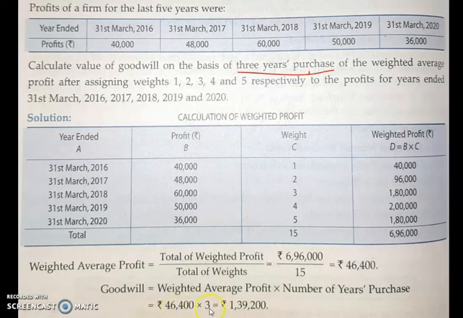When you multiply this, you will get the value of goodwill as 1,39,200. So children, it is very easy. Just remember those 4 steps and you will get the value of goodwill. In your further chapters, there may be questions on goodwill calculation in your coming chapters also. So get thorough with this concept.